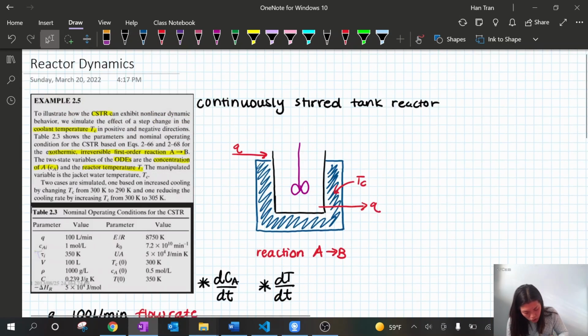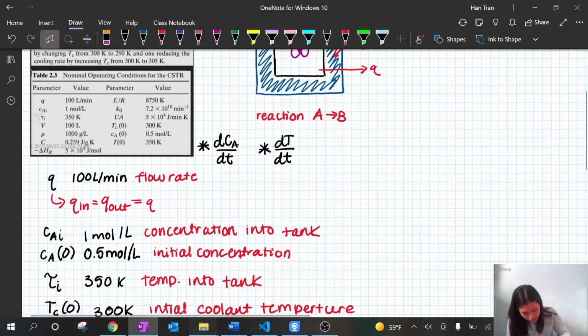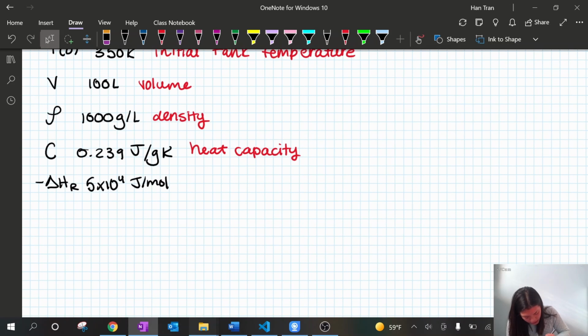And we are told up here that it is an exothermic reaction, and we know that enthalpy, if it's exothermic, would be negative.